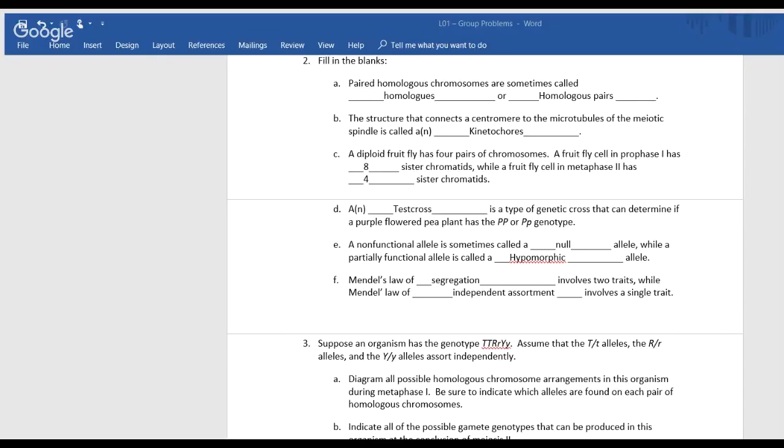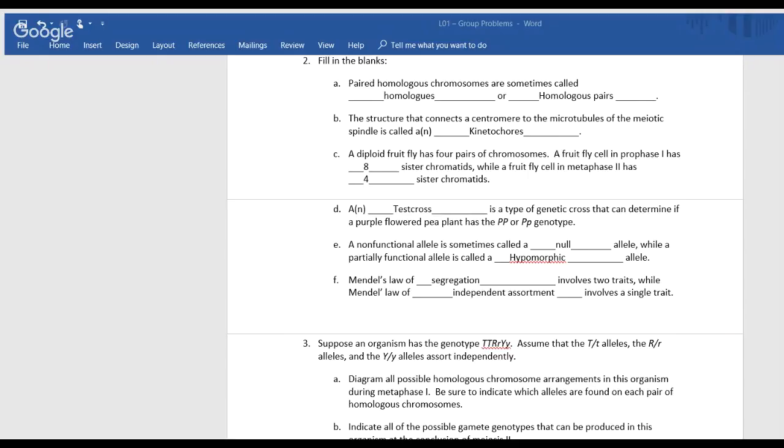Number B, the structure that connects a centromere to the microtubule of the meiotic spindle is called the kinetochore. Once the centromere has connected the sister chromatids into connecting chromosomes, then the meiotic spindle can connect to the kinetochore.